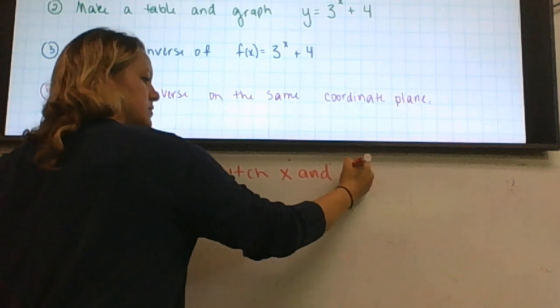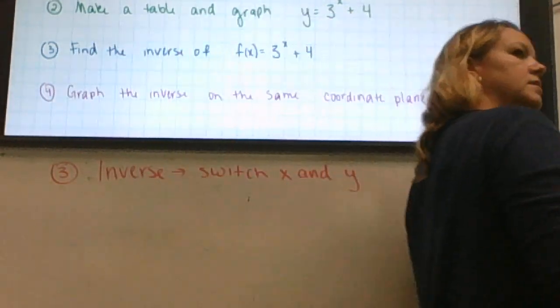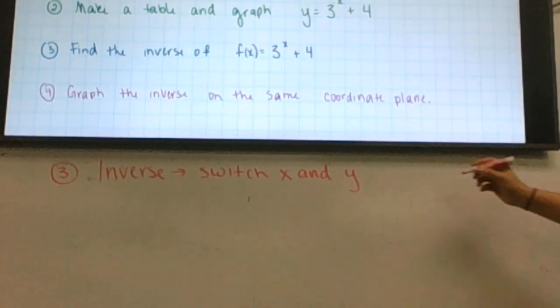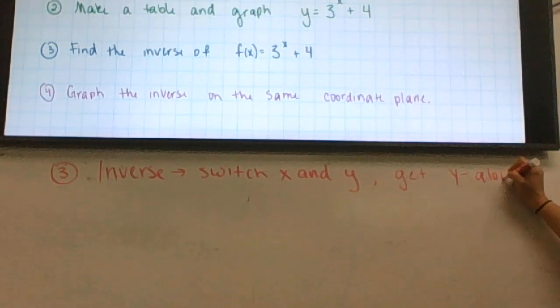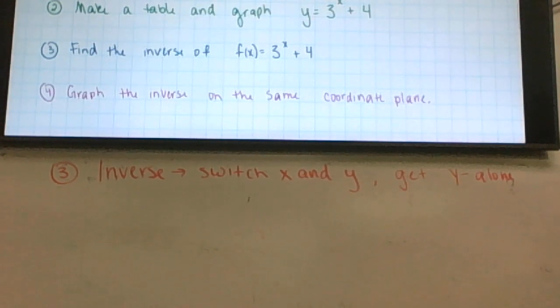And then what do you do after you switch x and y? You get y alone. Solve for y. So I would, instead of f of x, I would write it as a y value.